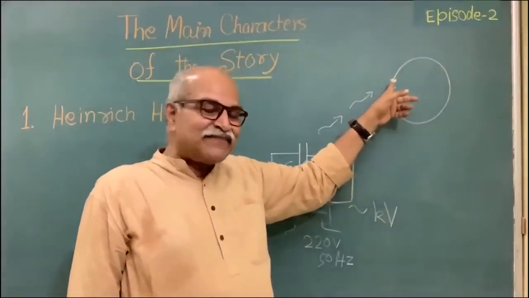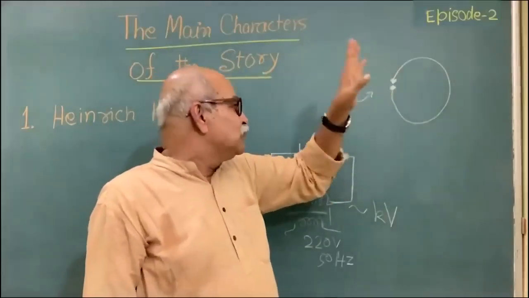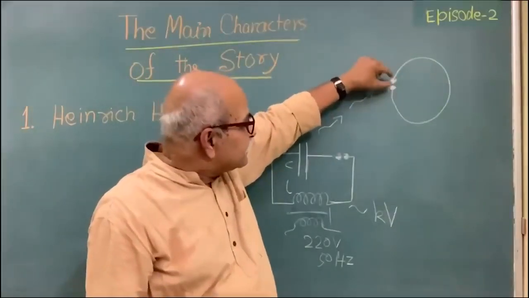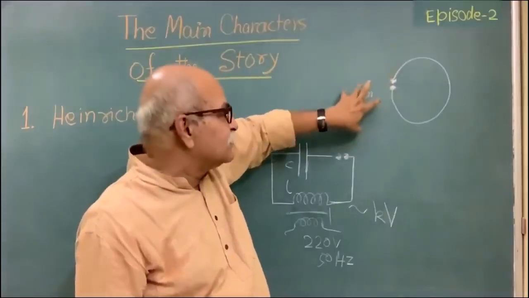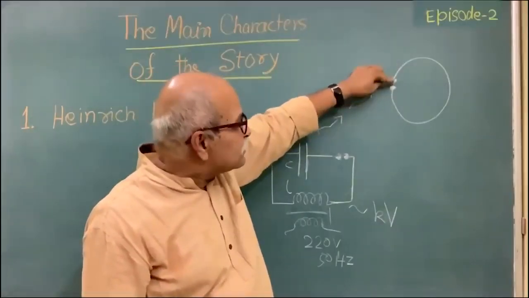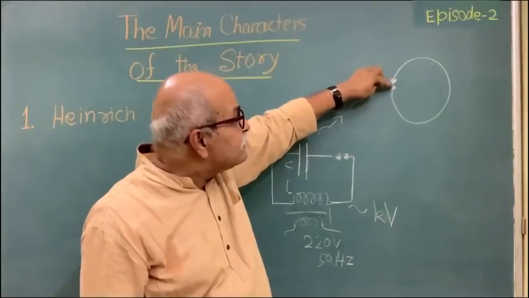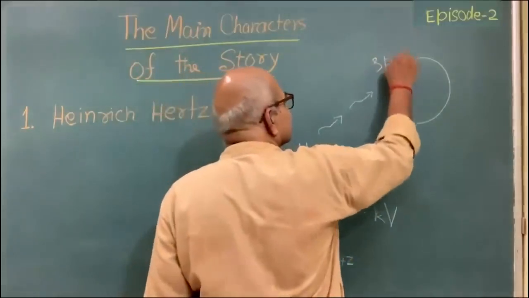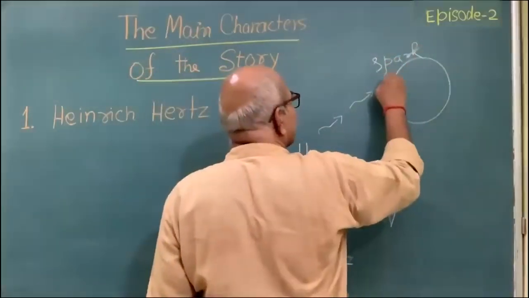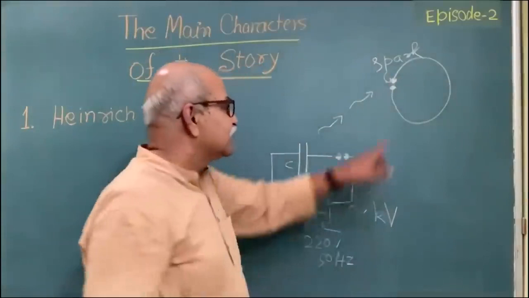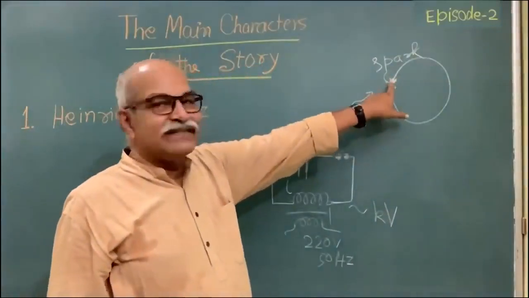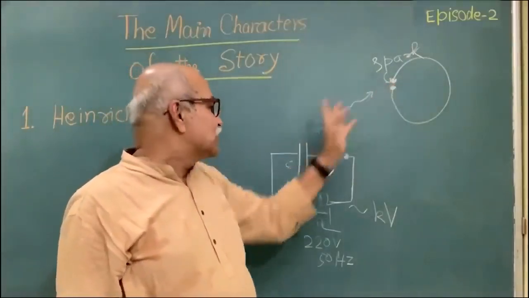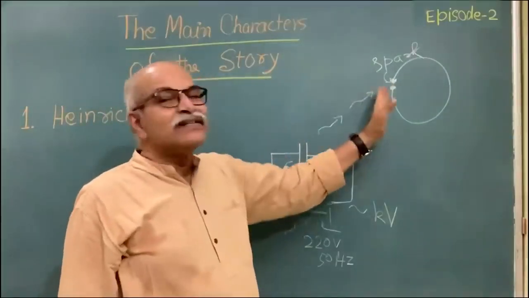And the same mechanism: if you have some potential difference generated here because of this EM wave, then that potential difference may lead to a spark here. So if you have a spark here, that means the wave has reached here. So that's the detection of electromagnetic wave. So you generate it and you detect it.